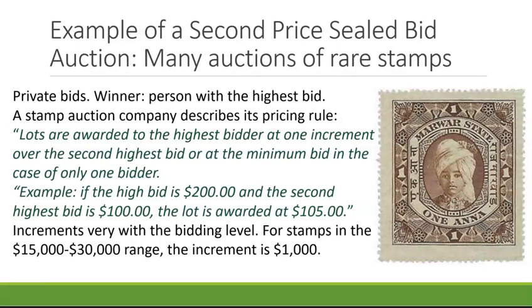And typically the increments vary depending on the general value of the item, as I described in the case of the auction of the painting. Okay, well, we're now going to turn to examine common value auctions in some detail.